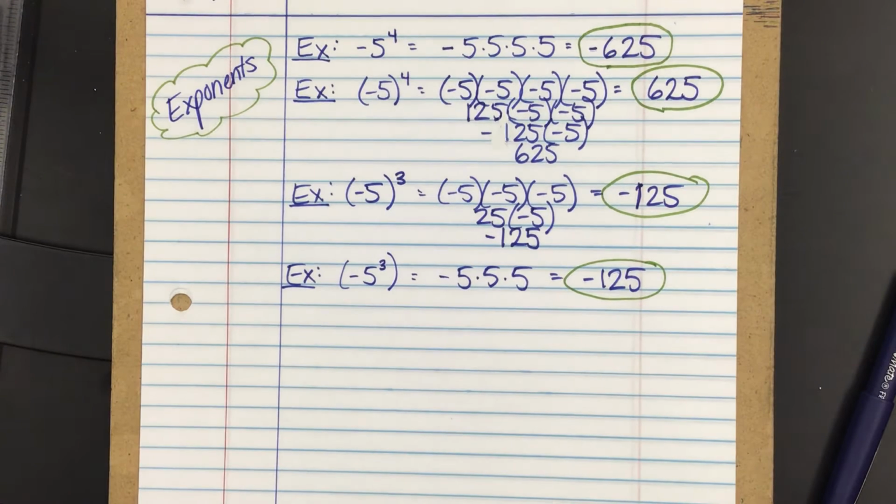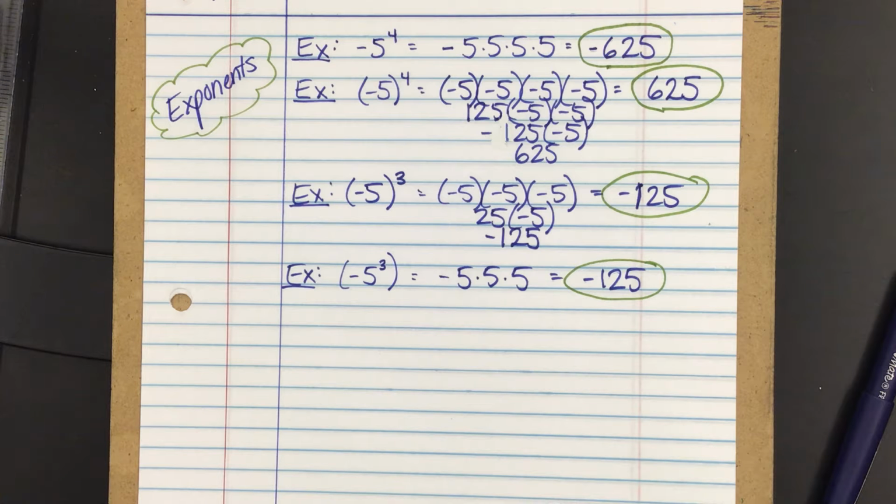Okay. Do you guys notice the pattern? Anybody notice the pattern yet? Yeah, Sophie. When you're dealing with exponents, like with these, if the exponent is even, it's probably going to be positive, and then if the exponent is odd, it's going to be negative.